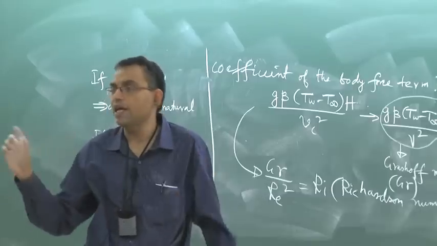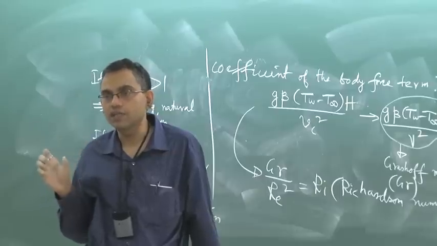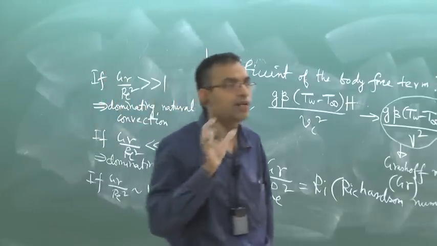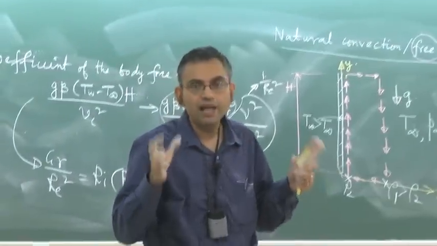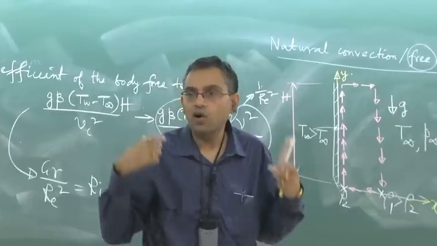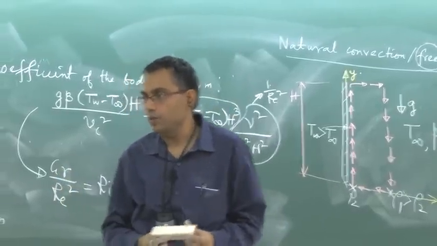We can simply neglect that if we find that the natural convection effect is not important. But if we find that natural convection is important, then we have to model it properly, and in the next lecture we will see how to make an order of magnitude analysis for modeling natural convection problems. Thank you.